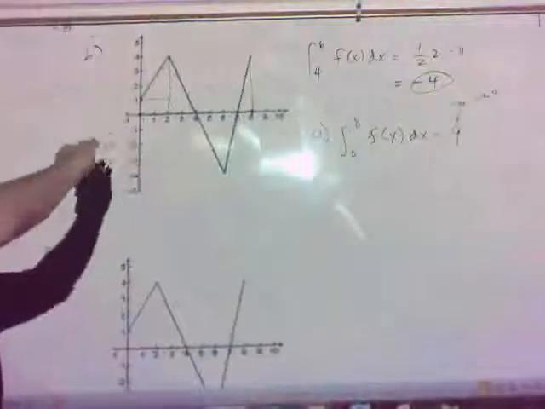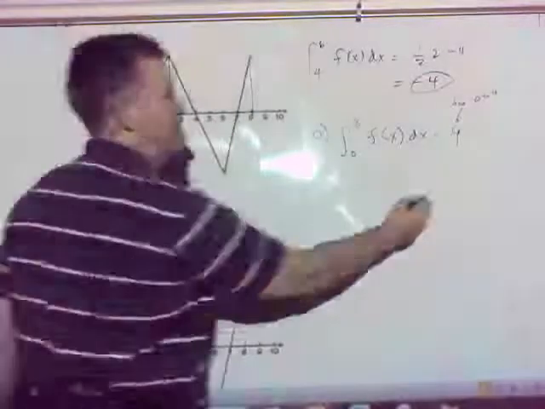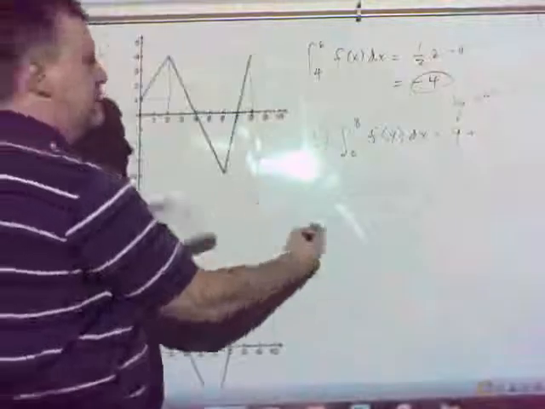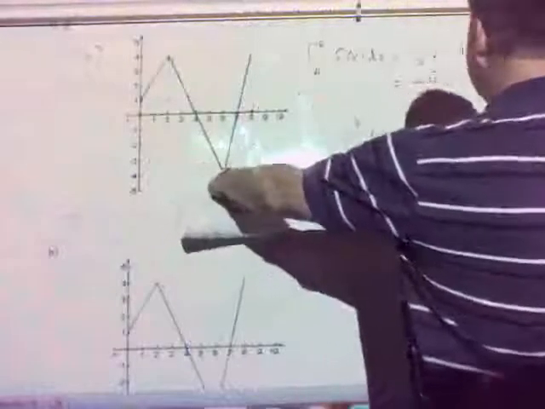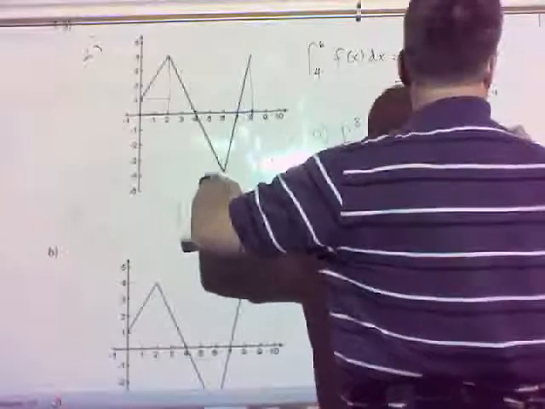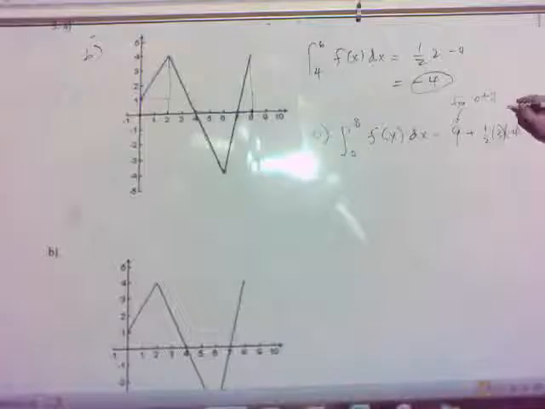Now, I didn't quite do all of this one. I did 4 to 6, so let's do that one again. The triangle here in the middle, it would be 1/2 base times height. The height is negative, the base is 3, the height is negative 4, so that would be a negative 6 there. So that's for 4 to 7.